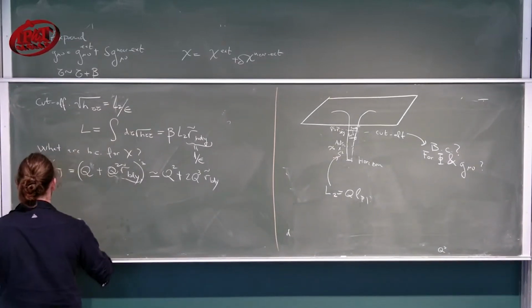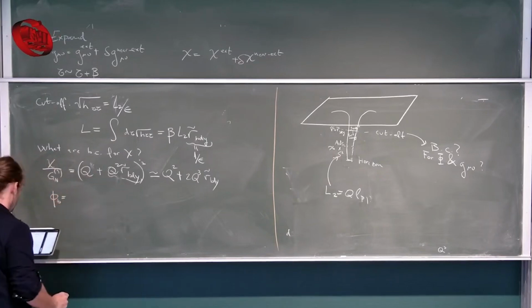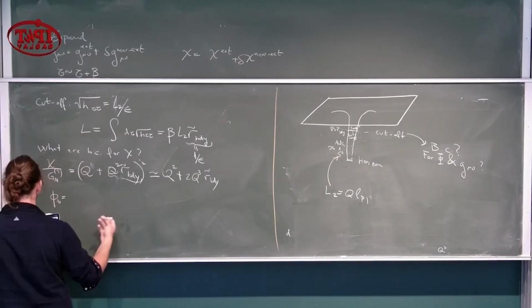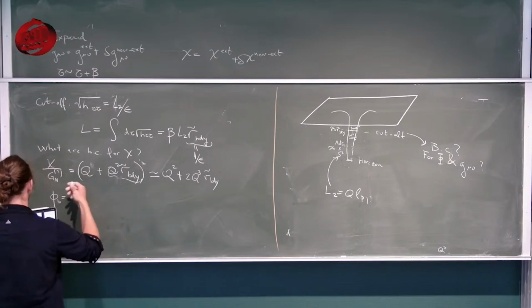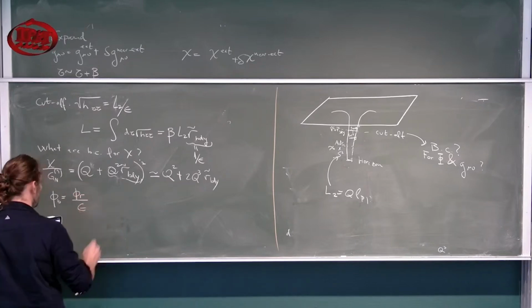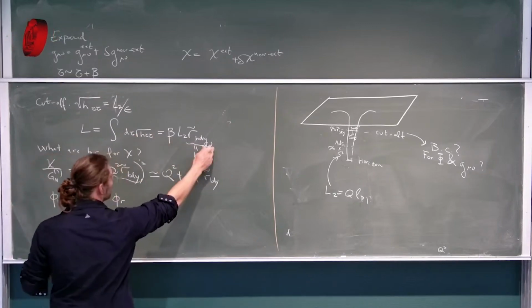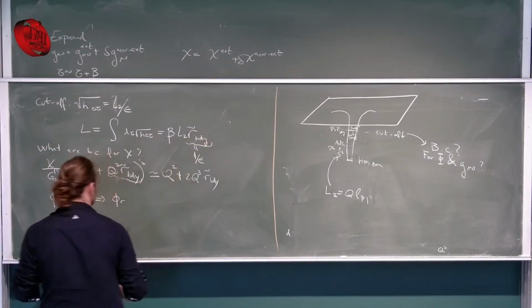So at the edge of AdS2, the dilaton value takes the form of pi r over epsilon. So here epsilon is 1 over r tilde boundary.